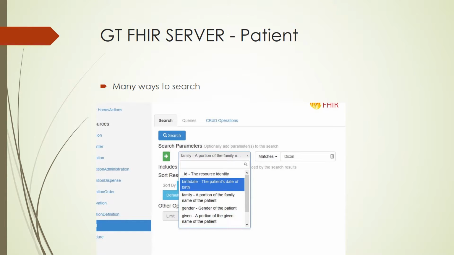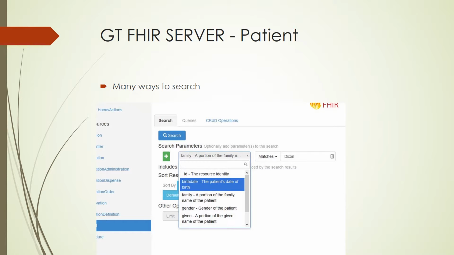So this is the part where I'll go through some of these resources and the Georgia Tech FHIR server. The first one here is Patient, and as you can see, you can search patient by a variety of different methods. Here I have birthday highlighted, which would be interesting if you only knew the person's birthday. But you can see I have matches here.